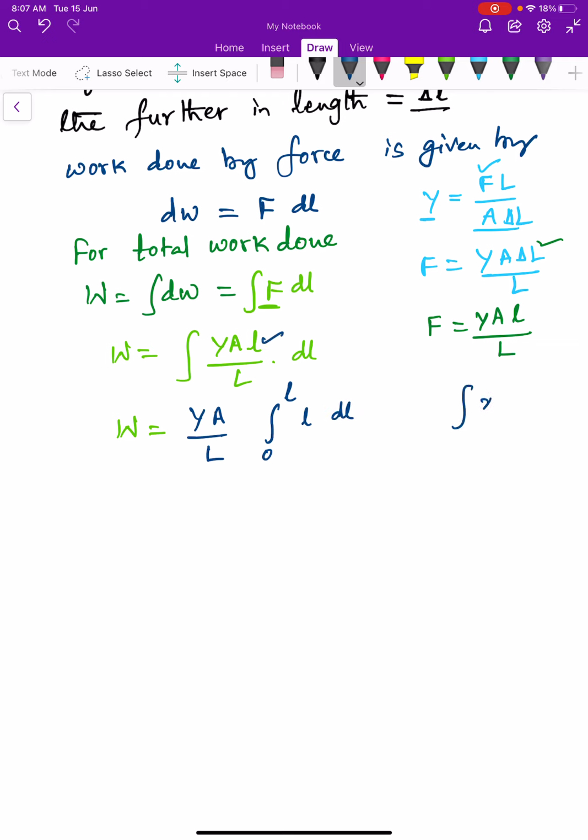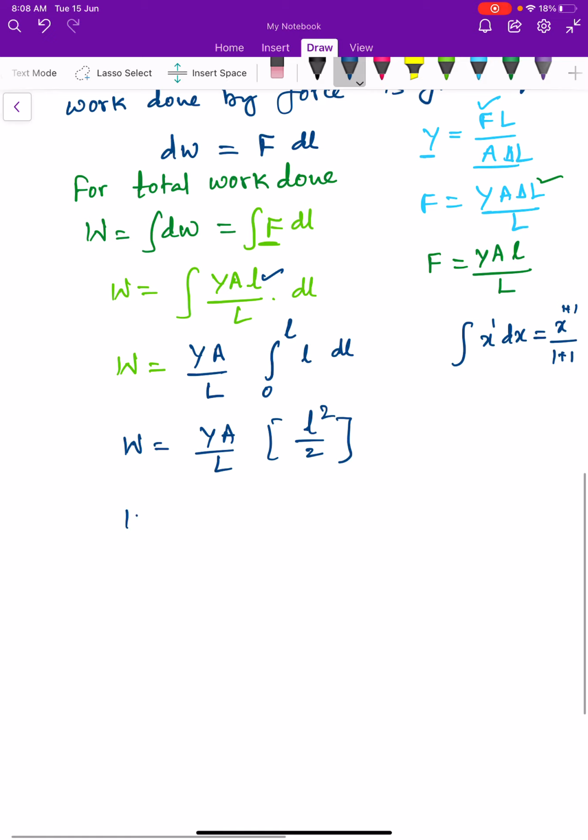We know integral x dx is nothing but x to the power of 1 plus 1 by 1 plus 1. So here work done is equal to YA by L into L square by 2. So this is the work done in a stretched wire. This can be stored as the potential energy in a stretched wire.